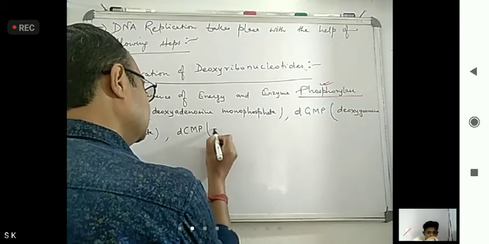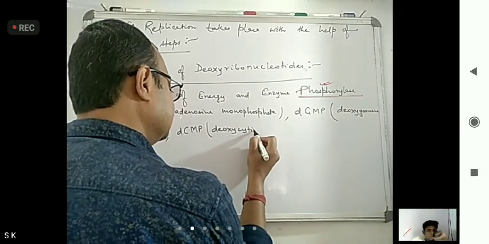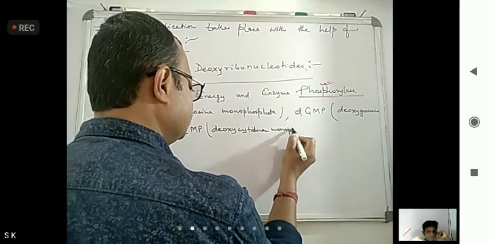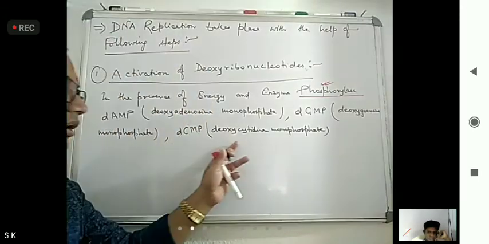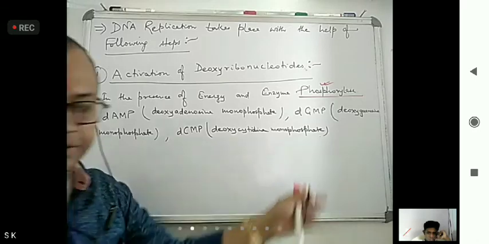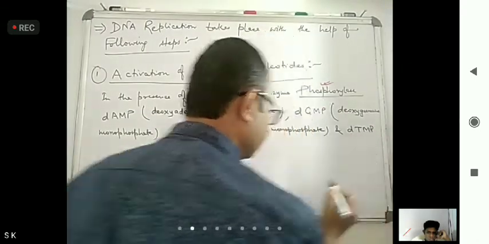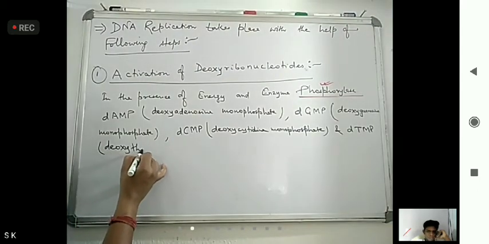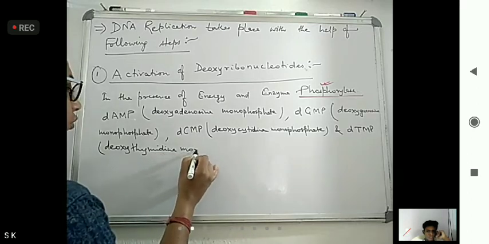What is that? Deoxycytidine monophosphate. Okay, and the last one is dTMP, deoxythymidine monophosphate.